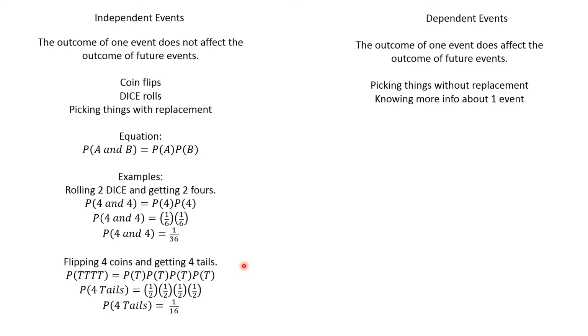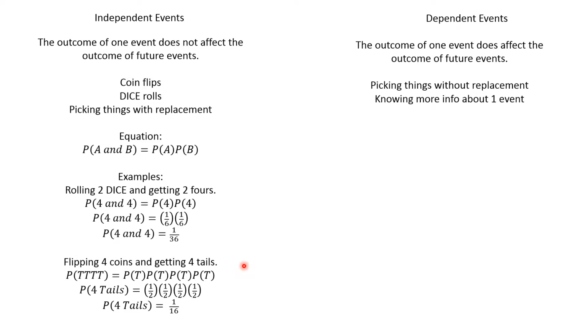For instance, if we wanted to pick someone out of the class who was both a guy and a sophomore, that's knowing more than one thing about that one event that can change the probability. And we'll see that in just a minute.